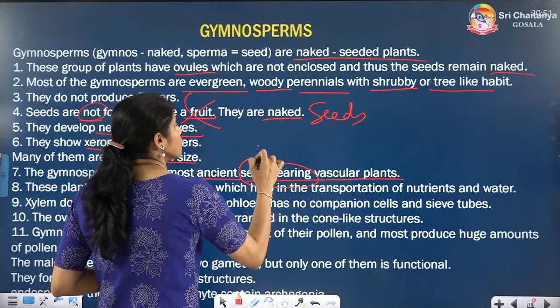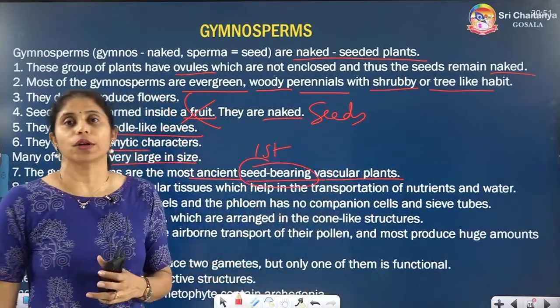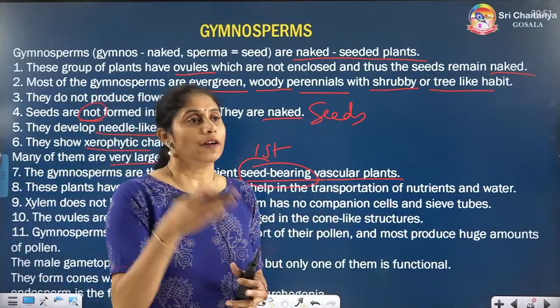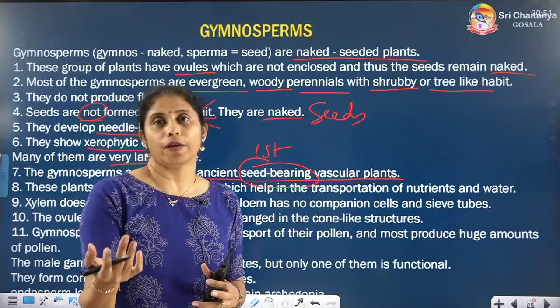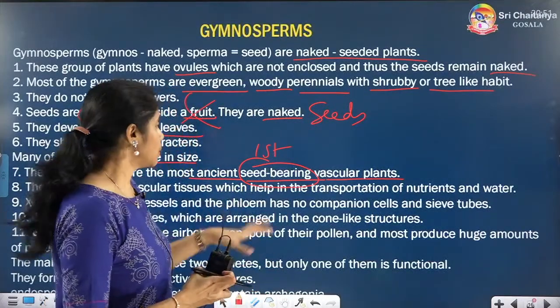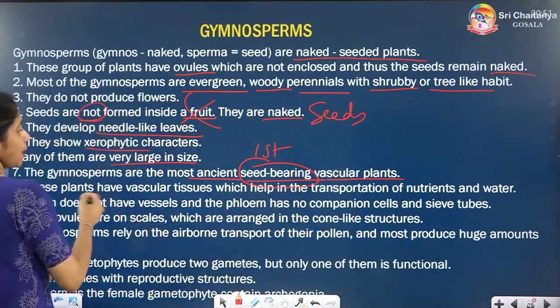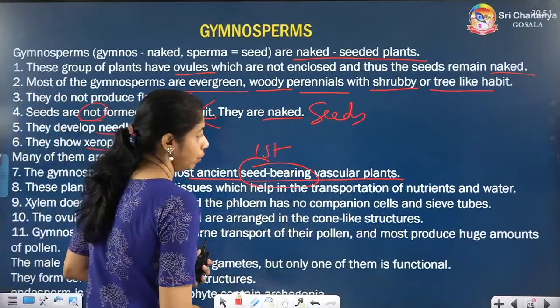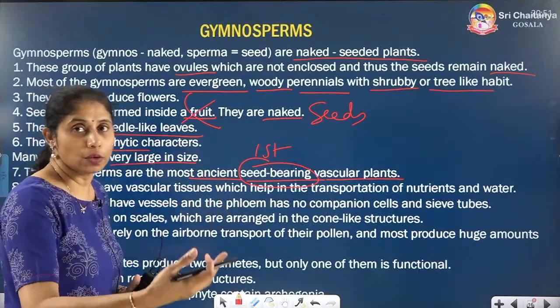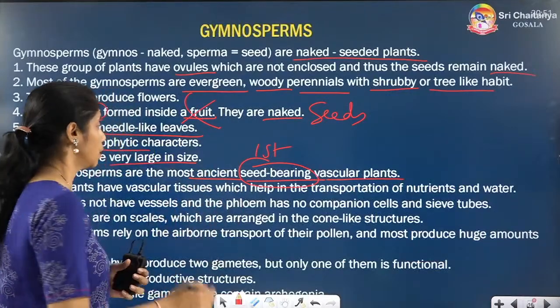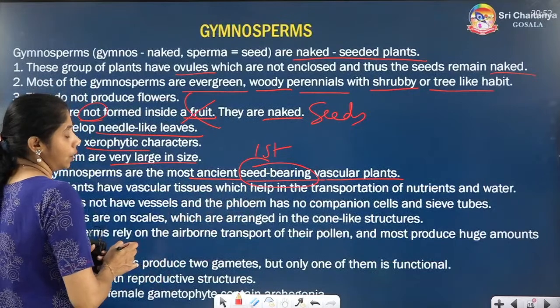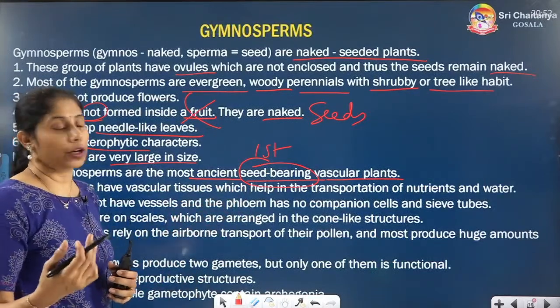In seed bearing, these are the first ones, first seed plants. Which ones? Gymnosperms. First vascular plants, which ones? Pteridophytes. Gymnosperms are first seed bearing plants. These plants will have vascular tissues, xylem and phloem, which continue here, meant for transportation of water and food.